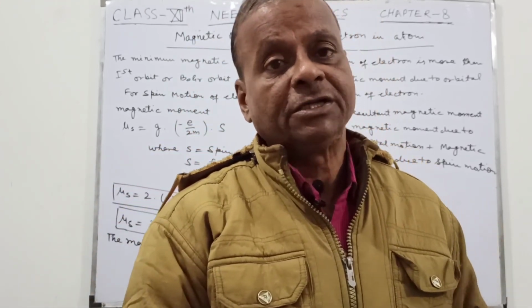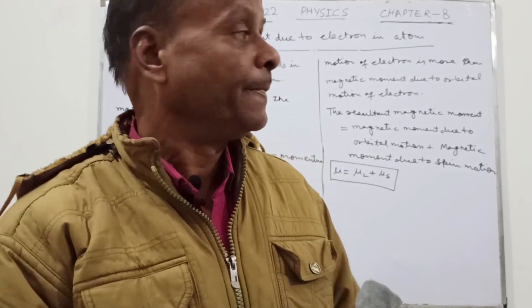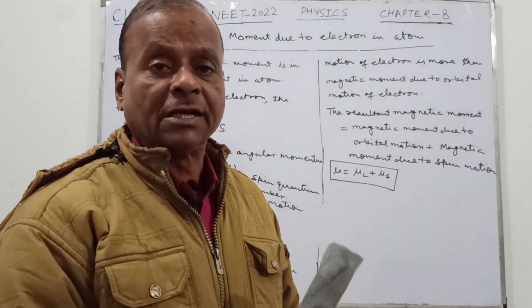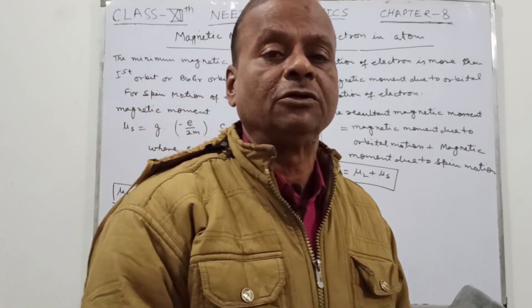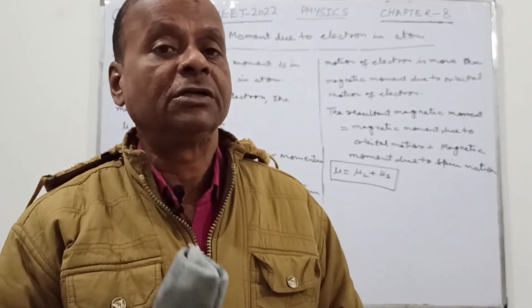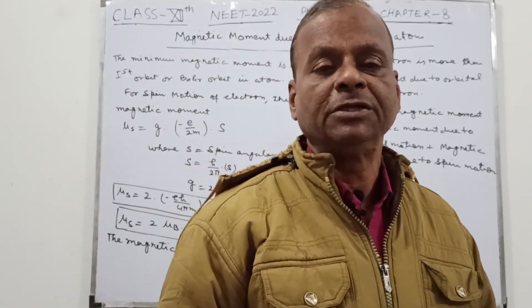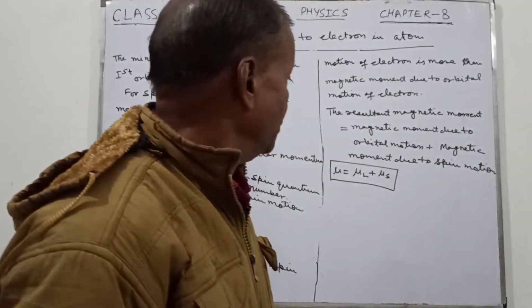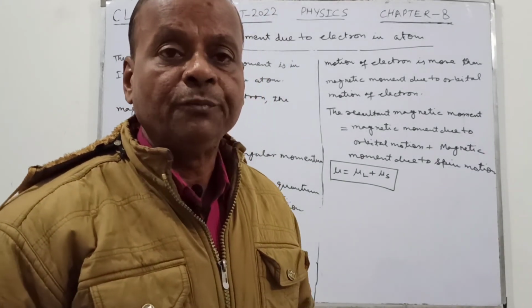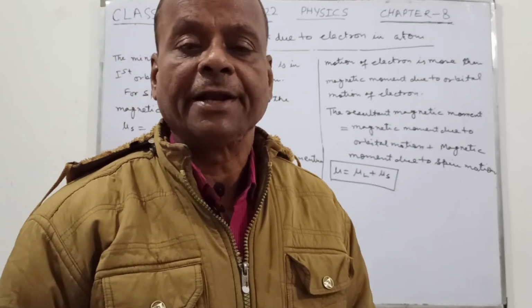Here we only have the knowledge that the resultant magnetic moment must be equal to the vector sum of the magnetic moments due to the orbital motion and the spin motion of the electron. So we see that in the atom, the electron behaves like a small magnet.